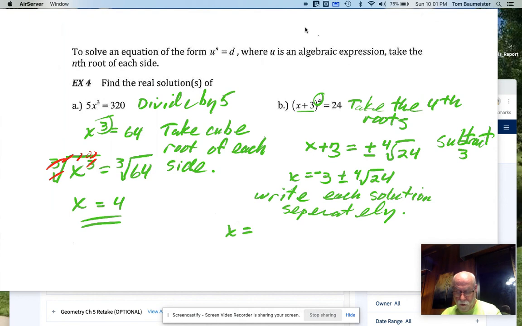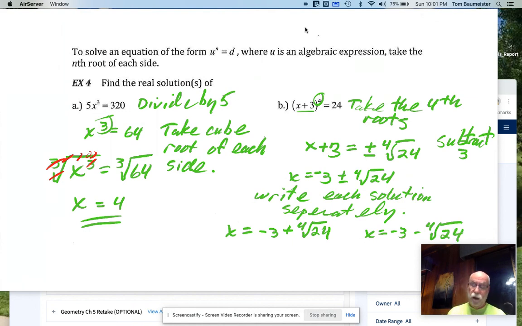Because I took it over. So I should have negative 3 plus the fourth root of 24. And I'll have x is equal to negative 3 minus the fourth root of 24.